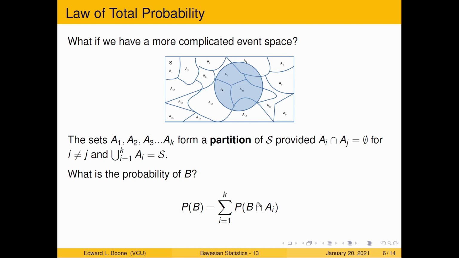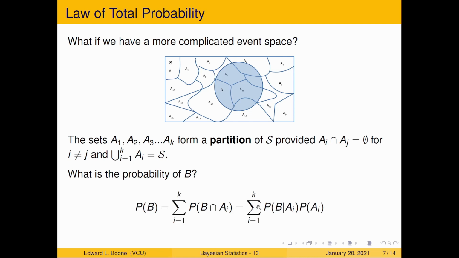Simply adding them together would work. And we could write this a variety of ways. This is probably the most common way of seeing it because it's written in terms of conditional probability and it shows up later. But either one of these is equivalent to the law of total probability because we're totaling the probability across a partition.